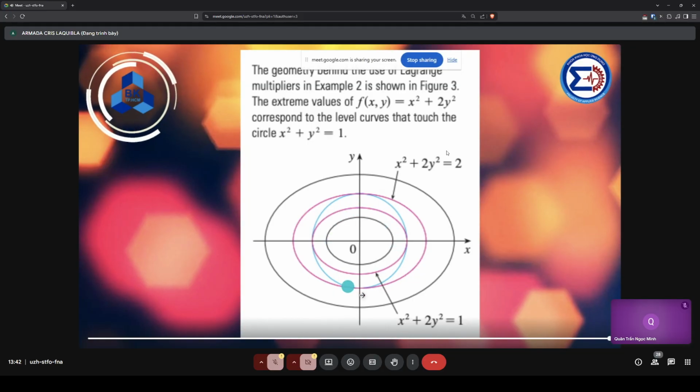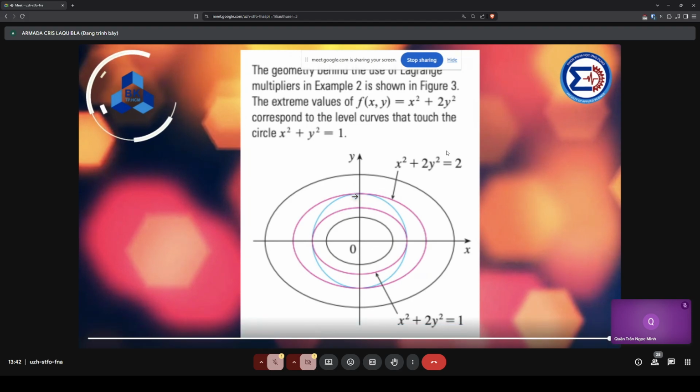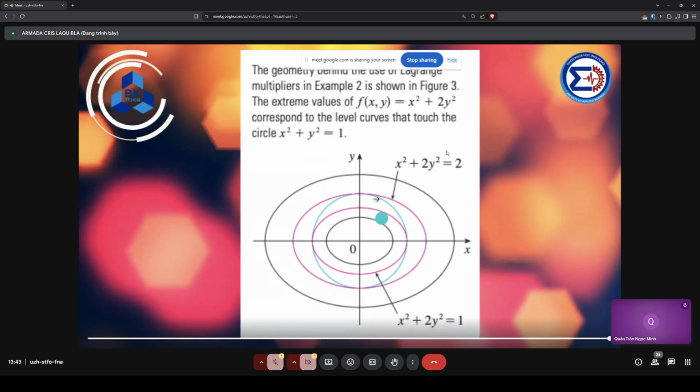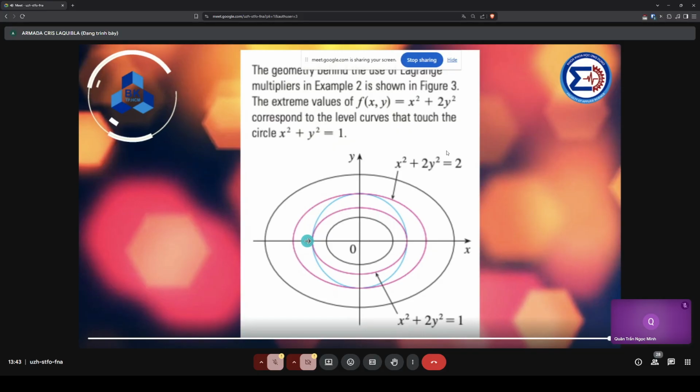So as you can see, class, you can see it here actually. What is this point again? 0 is your x. Here is the 1. So this is the 0, 1 point. It intersects the graph x squared plus y squared is equal to 1, the blue one. This point is the negative 1, 0.